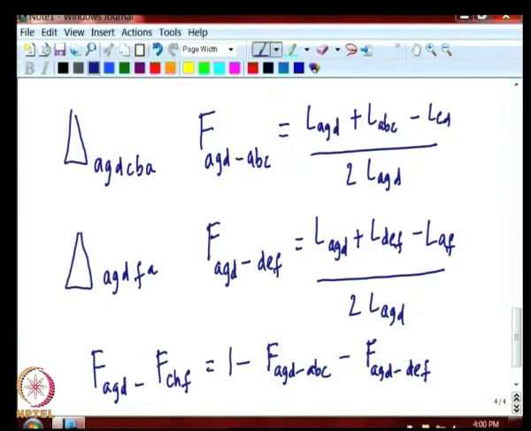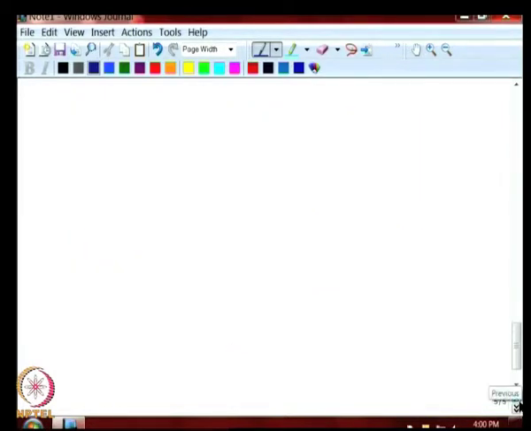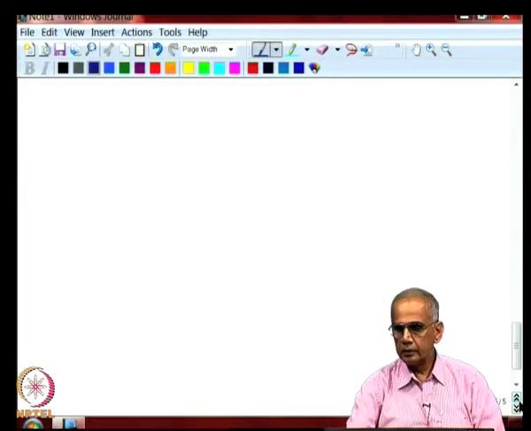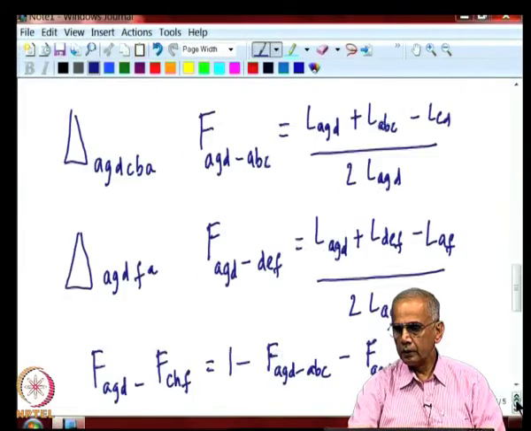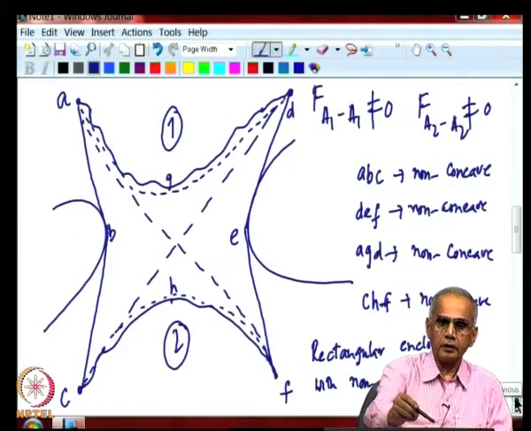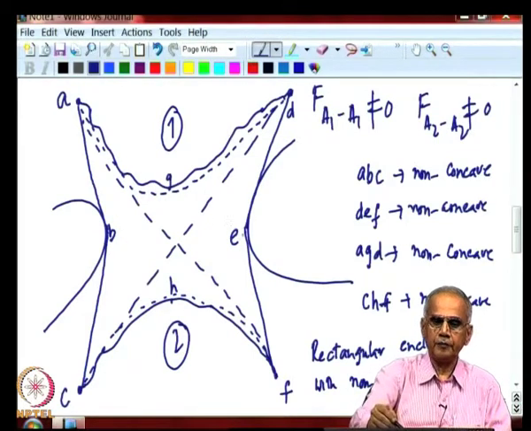So, what we have done is we have first calculated the shape factor from surface AGD to the two side surfaces, and once we have done that, you have taken from AGD to ABC, AGD to DEF.